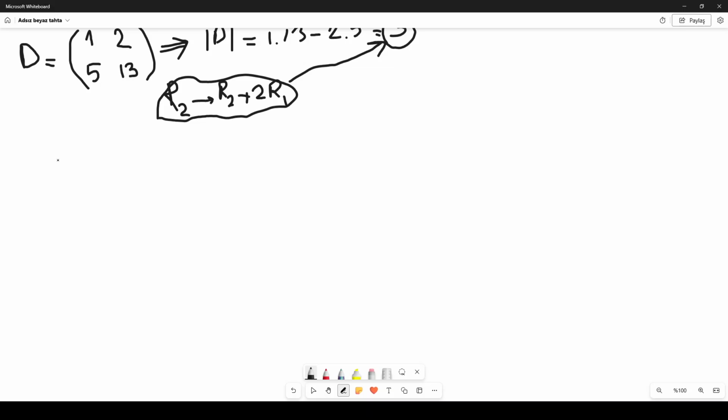If we use these operations to find the determinant, we are given a square matrix of size n by n, and by performing elementary row operations we reduce this matrix to another matrix, say B. In the end, we have the row echelon form or reduced row echelon form of the matrix A.